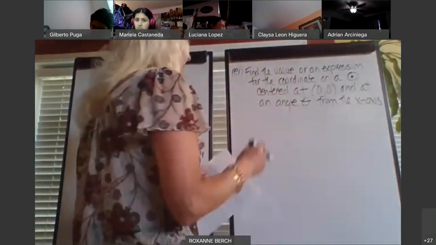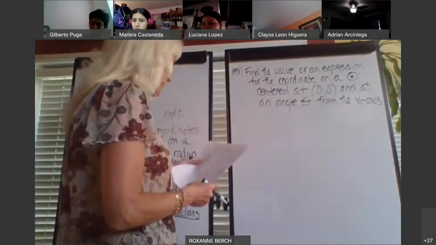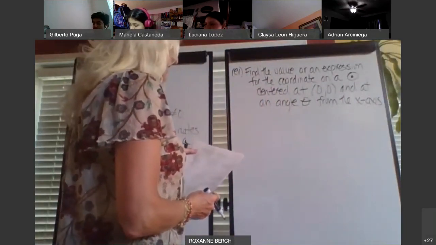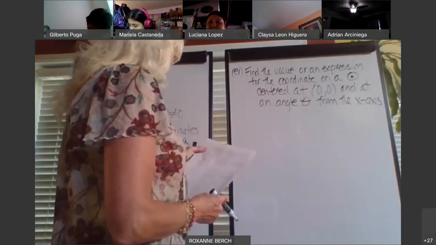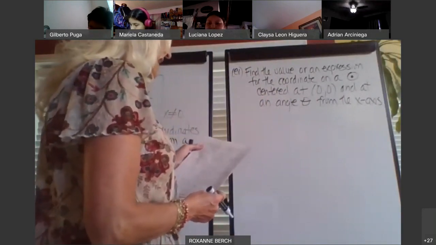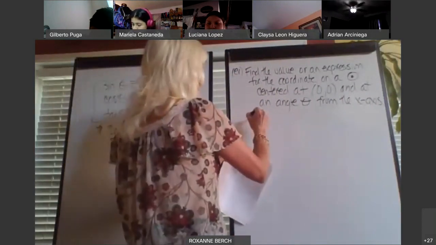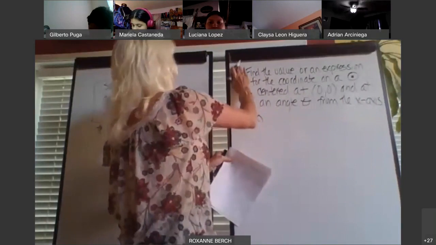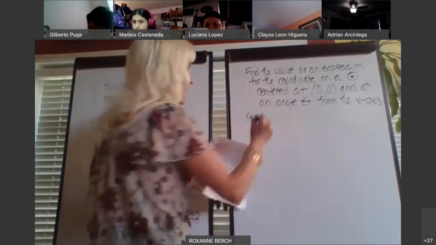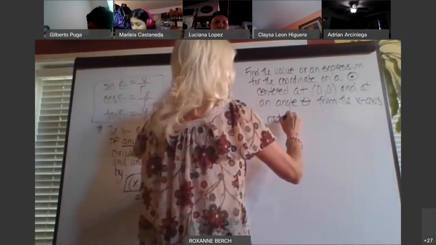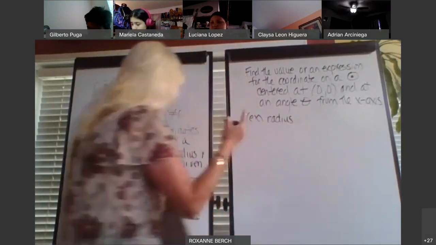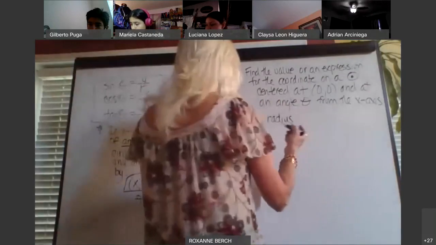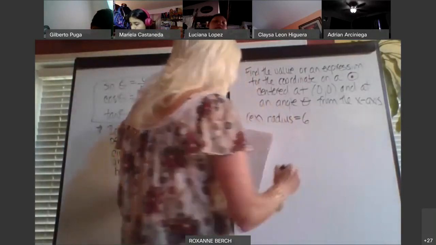Okay, so we want to find the value or an expression for the coordinate on a circle centered at 0, 0, and at an angle from the x-axis. Those are the directions, and this would be in your book. They're going to say the radius is not 1 now. If the radius was 1, this would still be cosine theta, sine theta, but the radius now is 6.